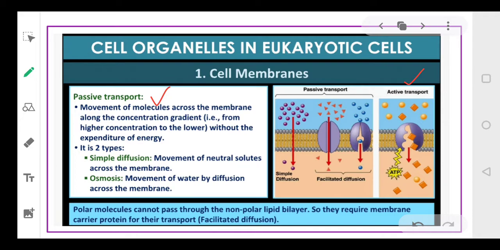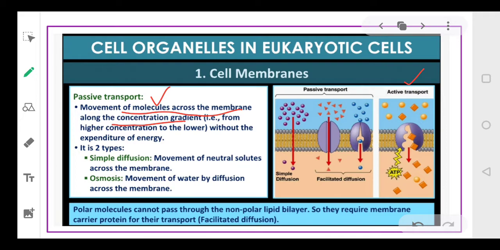Now passive transport, basically, is a movement of molecules across the membrane along the concentration gradient. It means a movement of molecules from higher concentration to lower concentration without spending of energy. Means the cell, or the organism, will not be supplying energy for the transport.